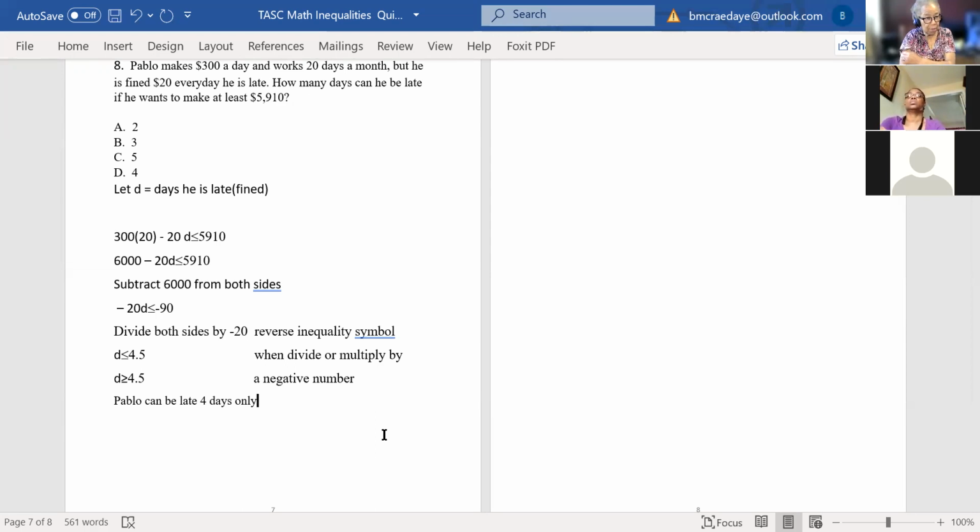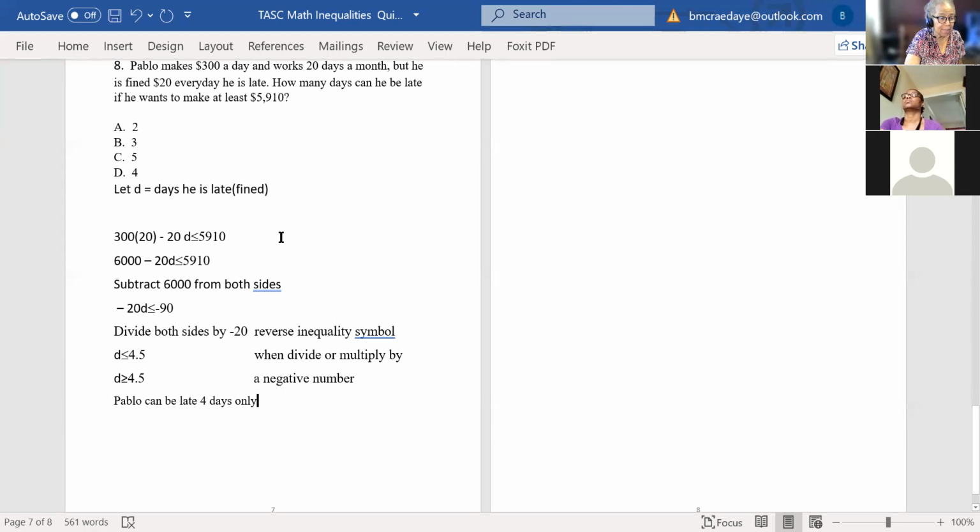Because remember now, when this gets bigger and you subtract it, then this gets smaller, right? If you subtract 1,000 from 6,000, you'll get 5,000. That's not 5910.